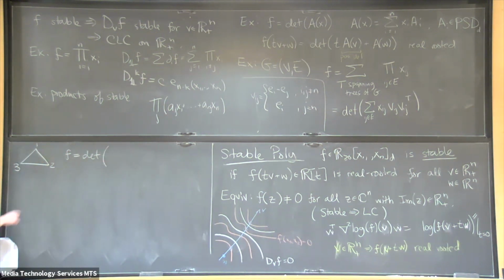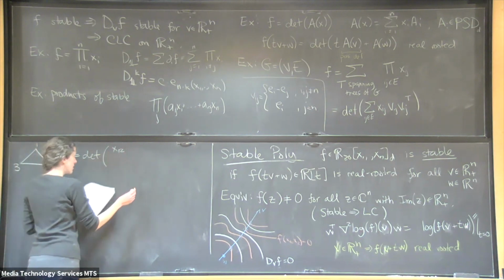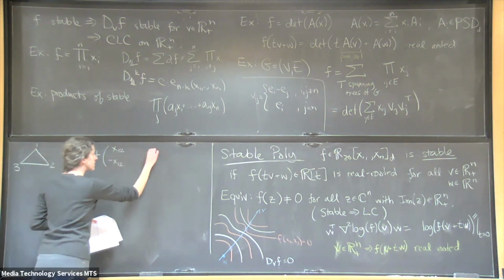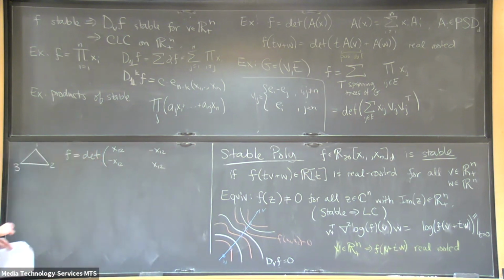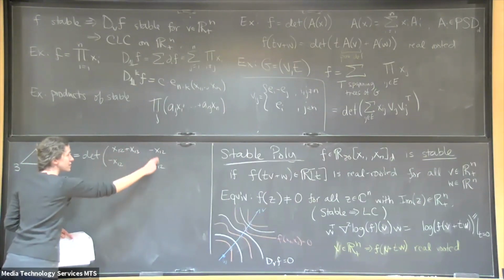In front of x_12, we're going to have the vector (1, -1) times its transpose, so that's going to contribute x_12, minus x_12. Then x_13 is going to contribute a matrix with 1, 0, 0, 0.